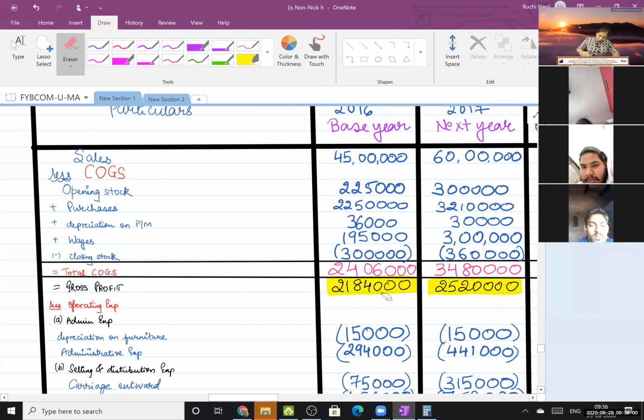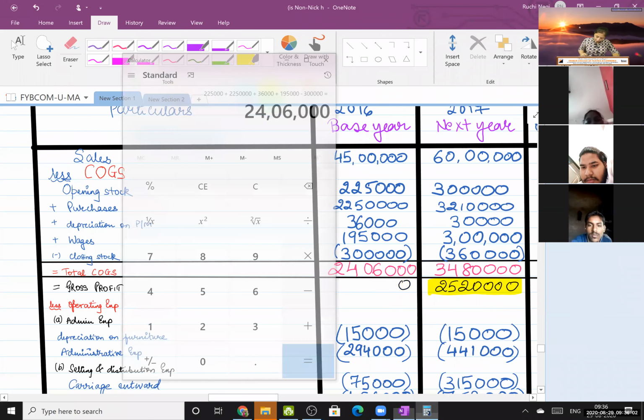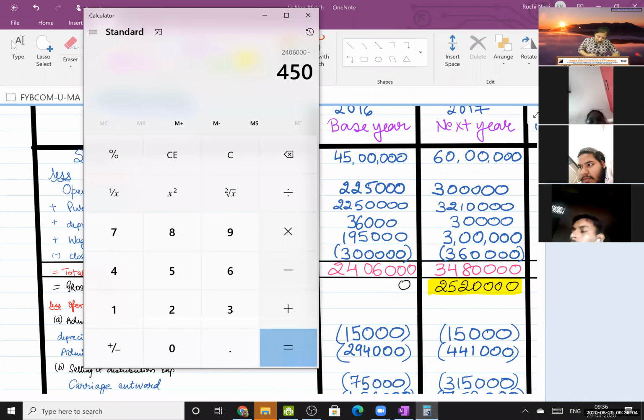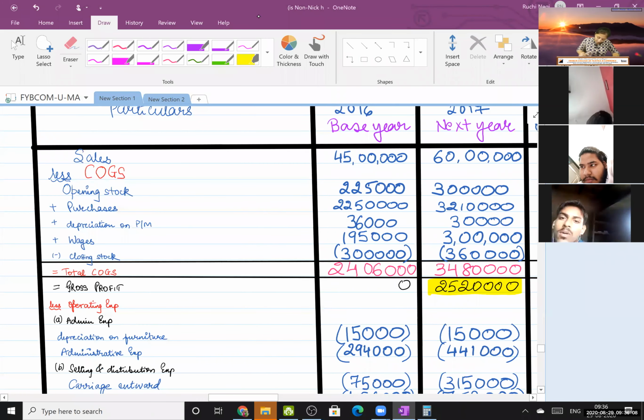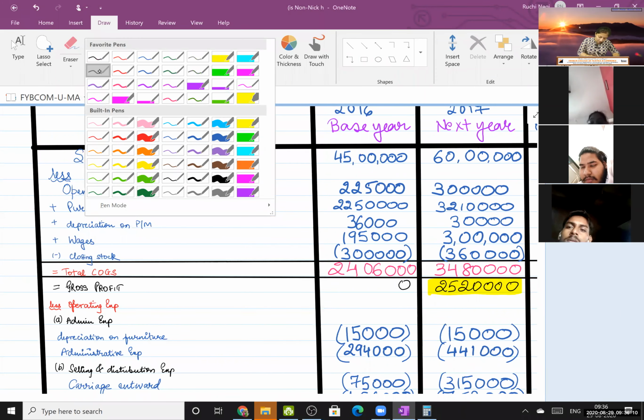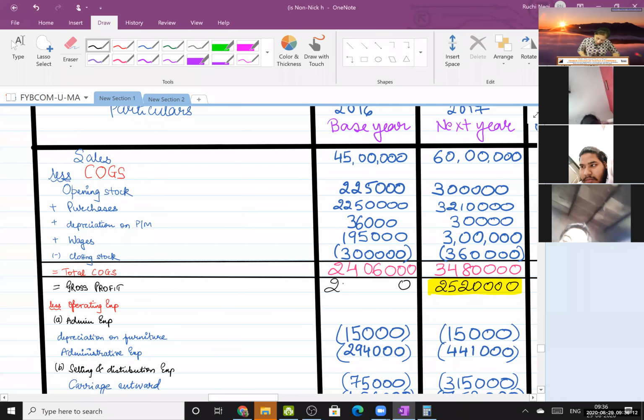Okay, so this will also change then. Minus 45 lakhs, 20 lakh 94,000.